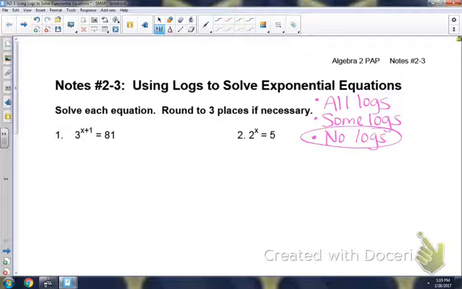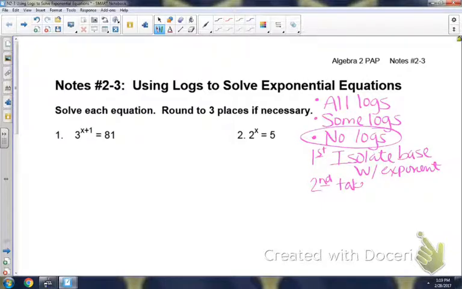So isolate base with exponent. After that, you're going to take the log of both sides in order to get rid of that exponent. Okay, so let's go ahead and get started.